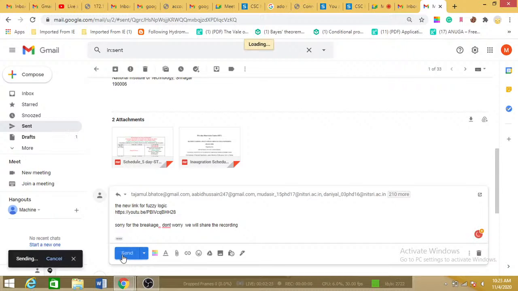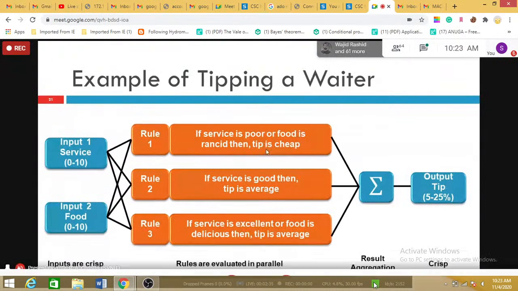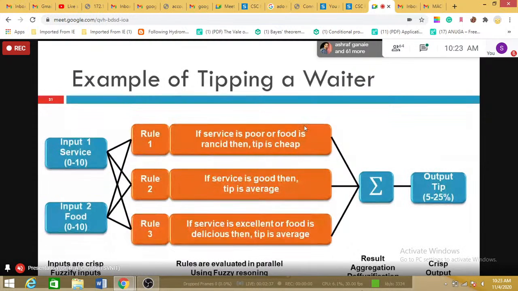you already have applied. Like for example, rule 1 may be that if the service is poor or the food is rancid, then the tip is cheap. The food is not good, the service is not good, I don't want to give much tip. You may say that the service is good, and tip is average. Forget the food, okay, the service was good, give an average tip.